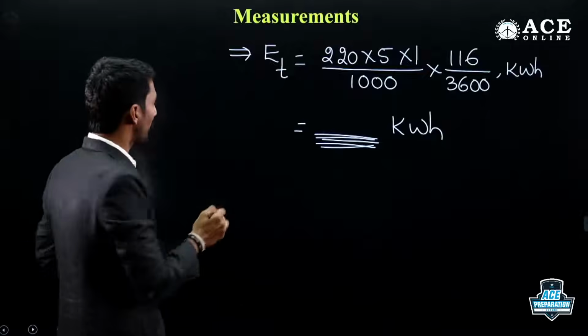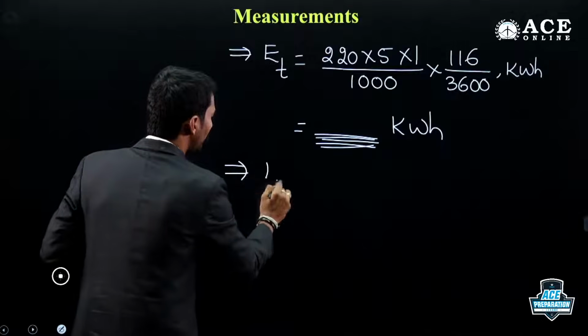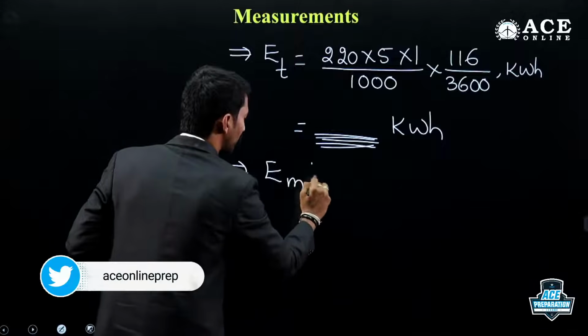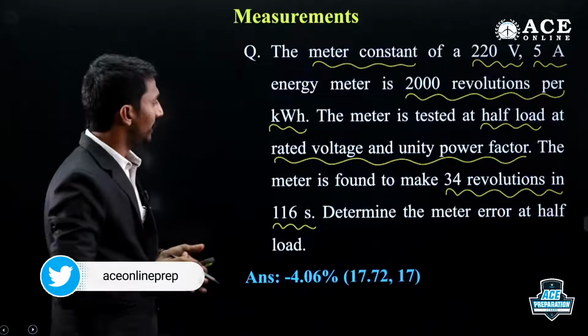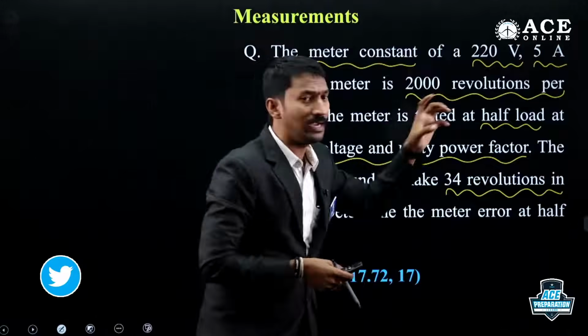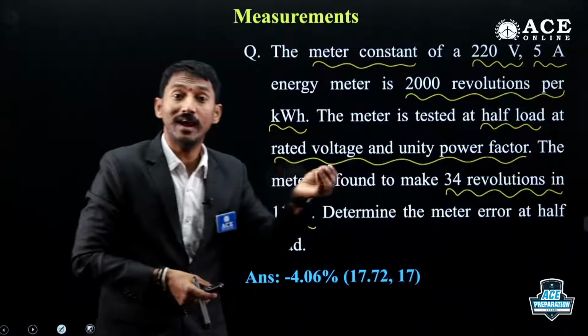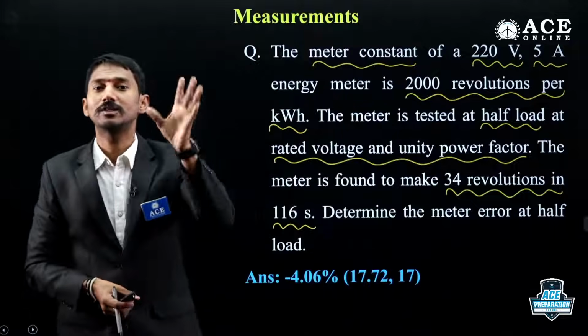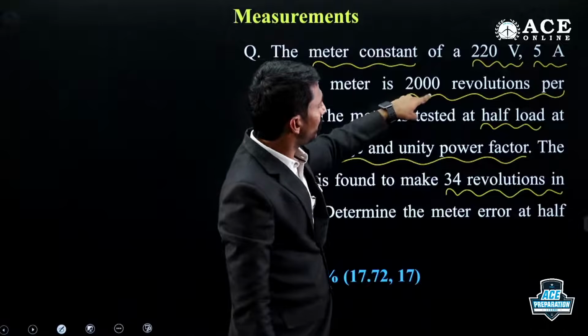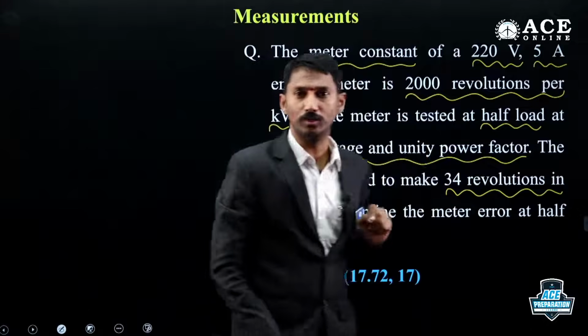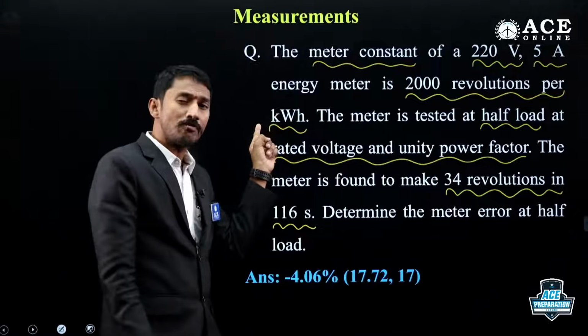What is your mistake? Now, energy measured. How do you calculate energy measured? Everyone knows the concept. Based on the meter constant only, we determine the corresponding energy. What is the logic here? Sir, if the meter makes 2000 revolutions, it has to show 1 kilowatt hour.